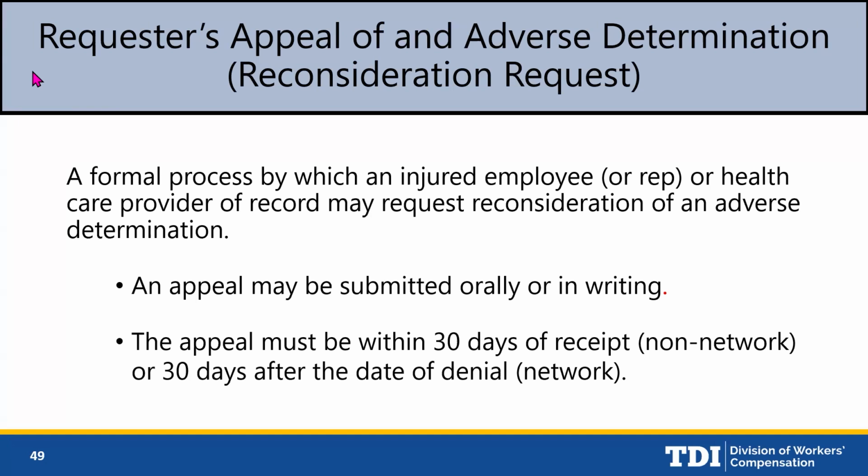The appeal must be done either in writing or it can be done orally. And you have to do it within 30 days of receipt or 30 days after the date of the denial for network. You see that nuance there. Basically, 30 days after you've received that adverse determination, you need to do an appeal if you're going to pursue it.